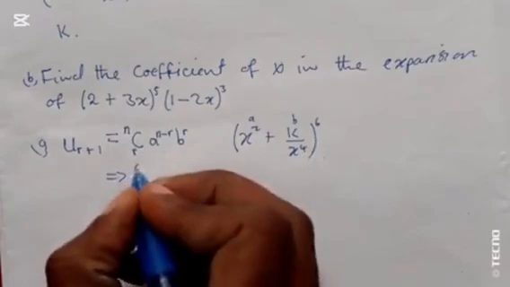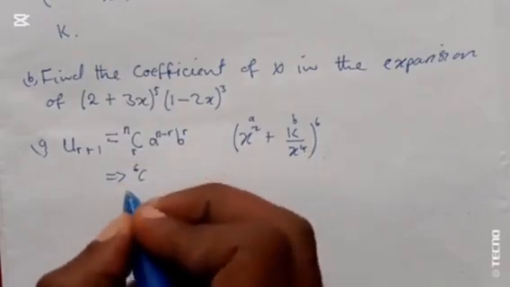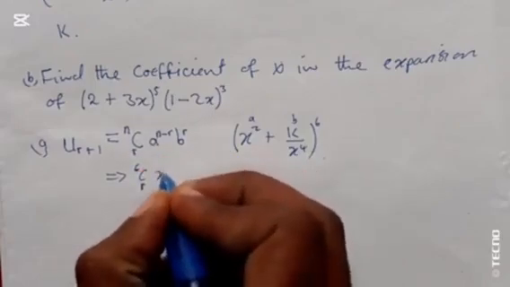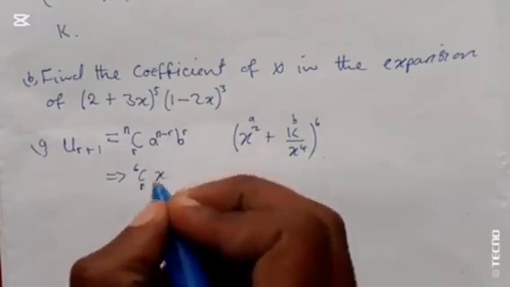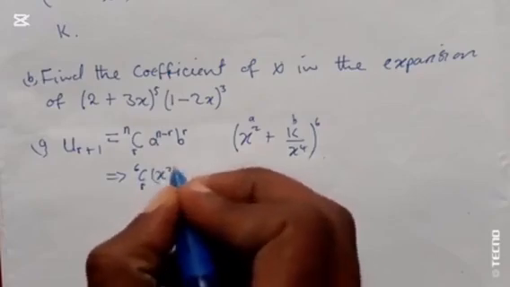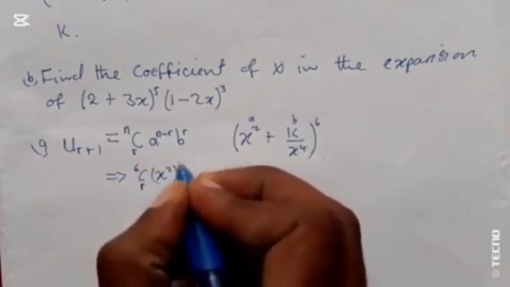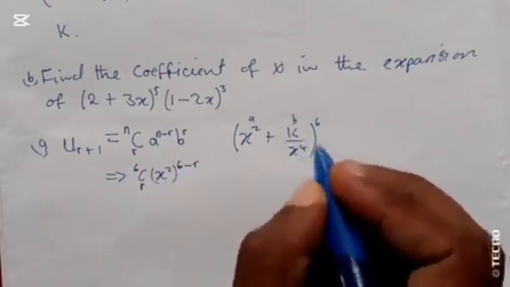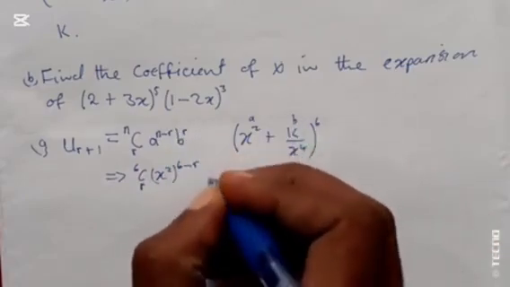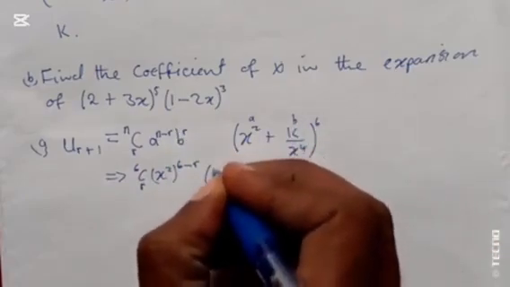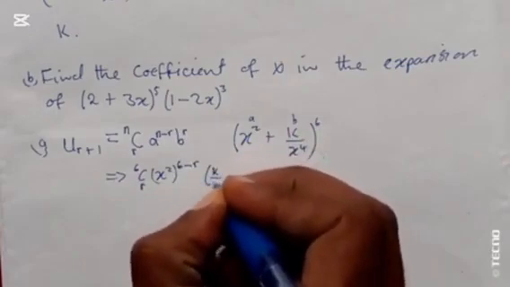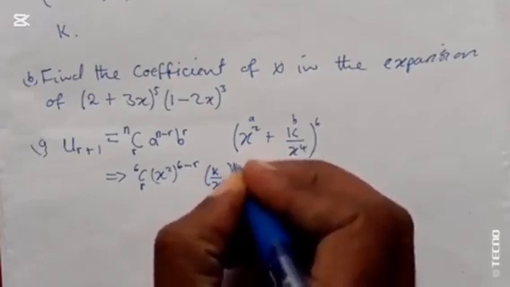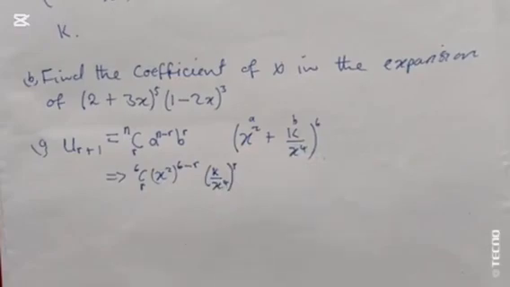So we say 6 combine r, then where there is a, we write (x squared), we close bracket, to the power 6 minus r, then where there is b, we put k over x to the power 4, then to the power r. So this is what we have.